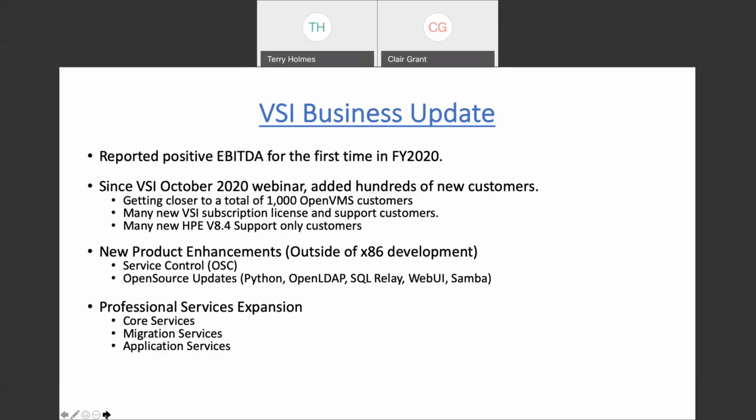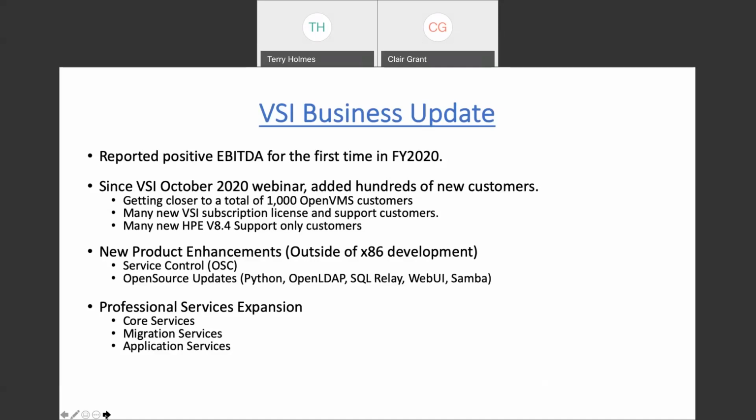We purchased these rights from HP back in 2014, and in September of 2019 we made another acquisition where we purchased all of the support renewal contracts for HPE OpenVMS support contracts. So these were 2 major purchases.